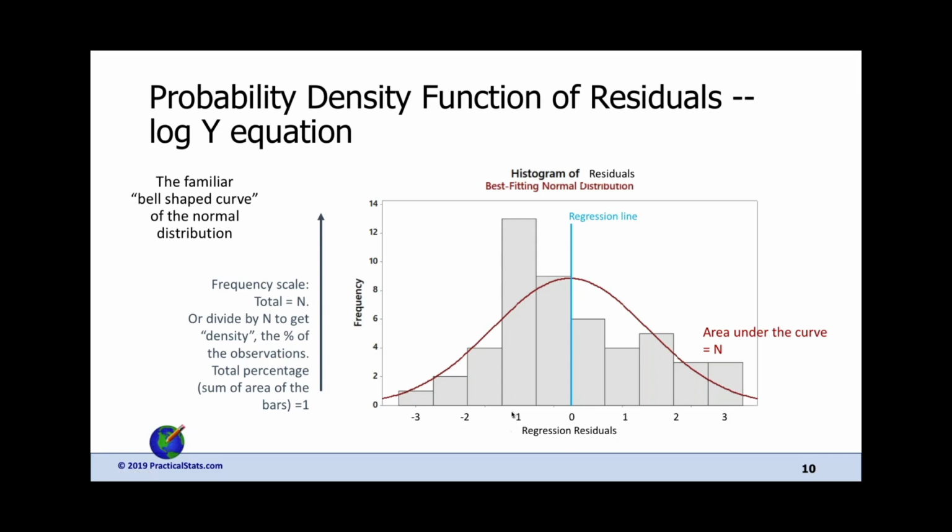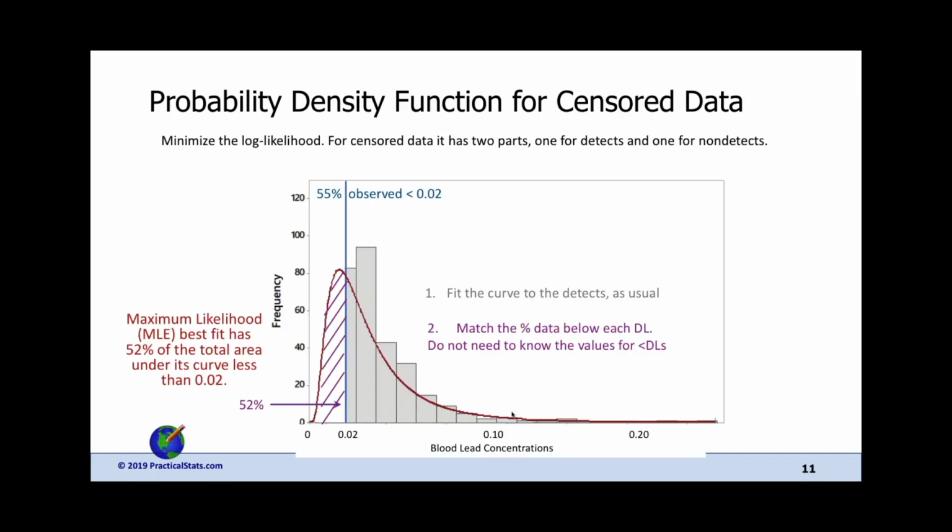Maximum likelihood will fit that curve to those residuals for you. Looking at the data themselves as a histogram, here's just an illustration with one detection limit at 0.02. I believe that's the golden data. And there are 55% of the observations less than that. What MLE is doing in fitting data, think of it as a slice at one point in X, fitting a curve to the data. It would try to match the histogram values, and that curve would hit near the middle in the top of the histogram.